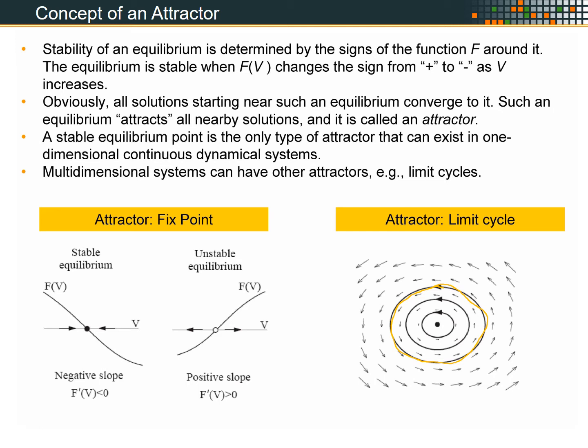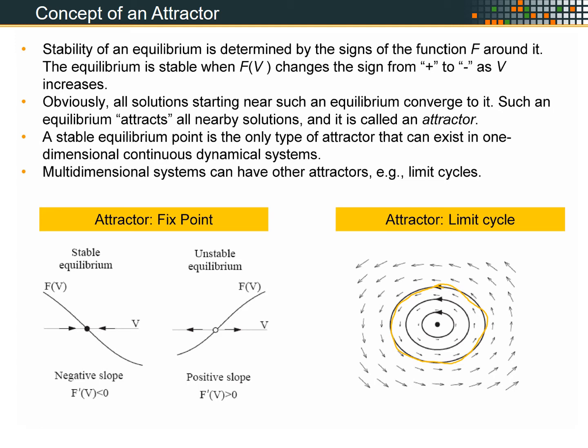We also call that an attractor. It's not a point anymore, but it's a circle. It's a circle that is attracting all nearby points such that the system is ending up on a periodic pattern that is repeating the very same activity over and over again.